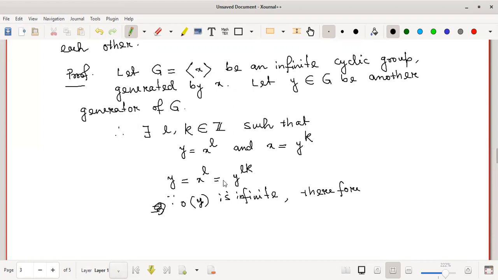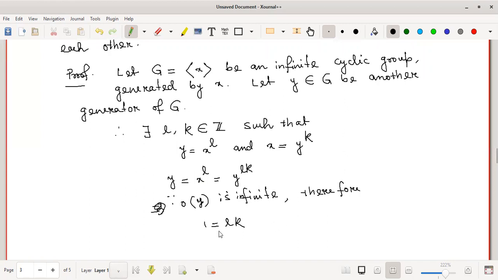I must say that these two powers are the same. Because if these two powers are not the same, then the order of y must be finite by the previous lemma. Therefore, I must say that 1 equals LK. Correct?